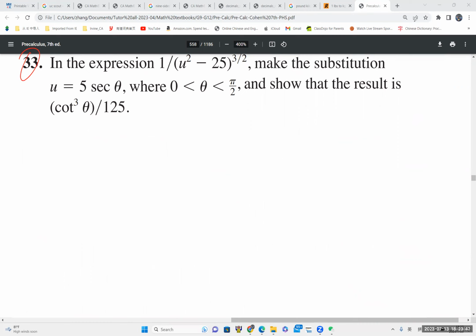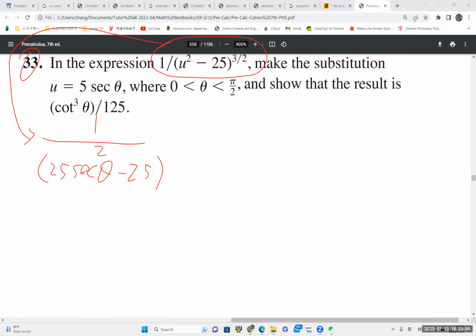So this is 1 over, now u is 5 secant theta, so it's 25 secant theta squared minus 25, to the 3 over 2, right?